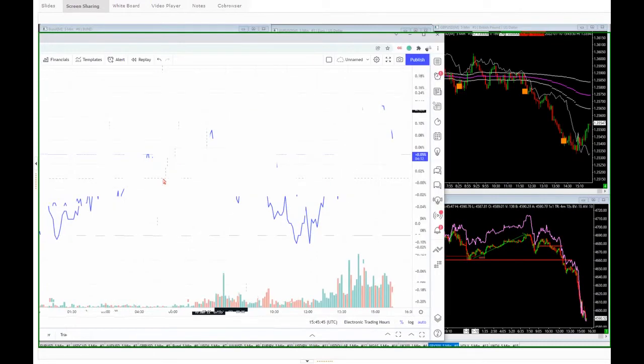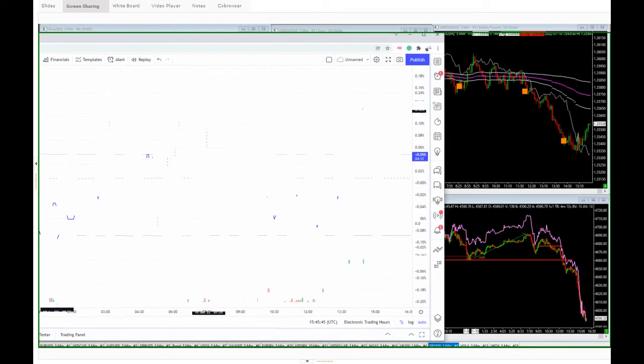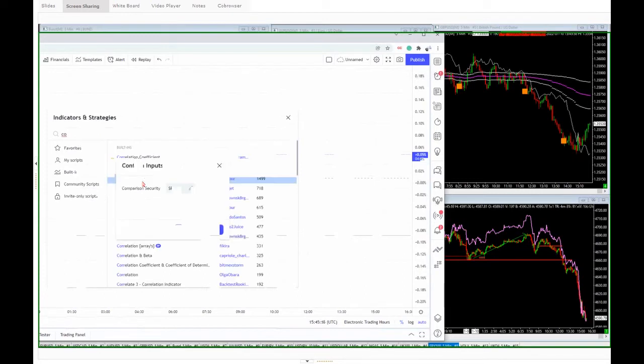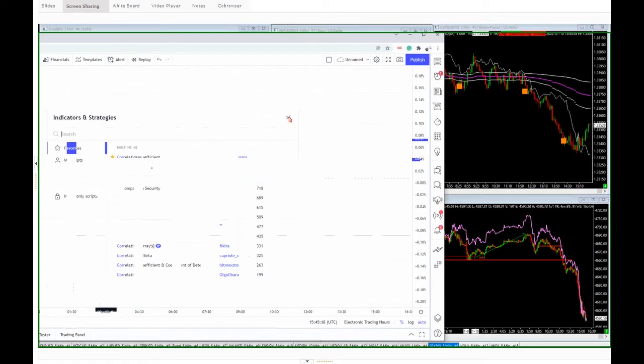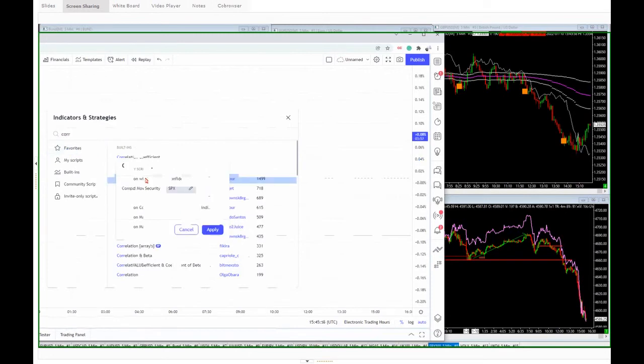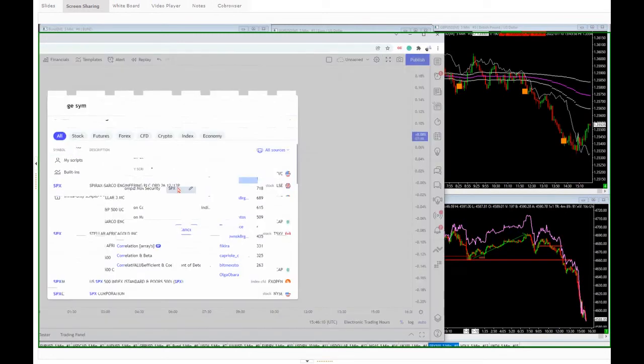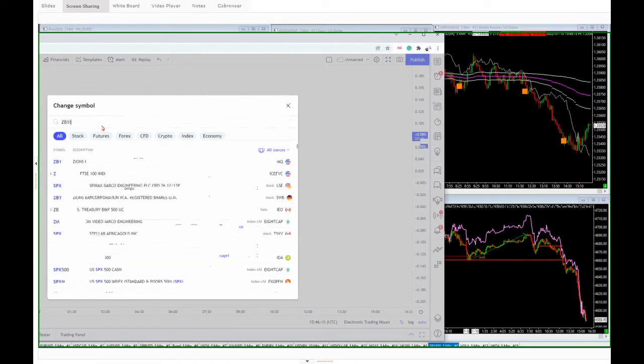Well, it's very interesting, because if we go into indicators and we go into correlation coefficients, what you put in this box here is, of course, the ZB1 minus ZF1.